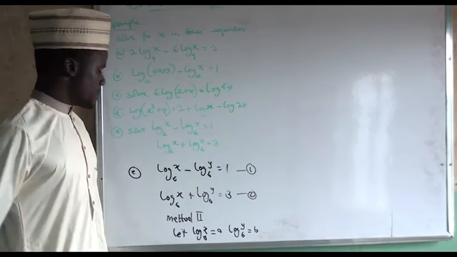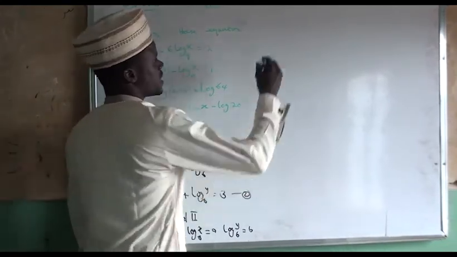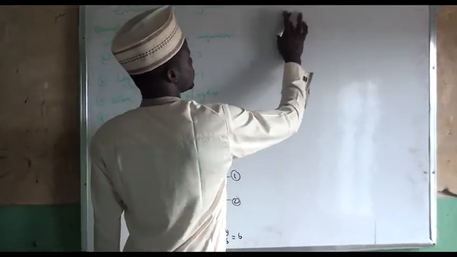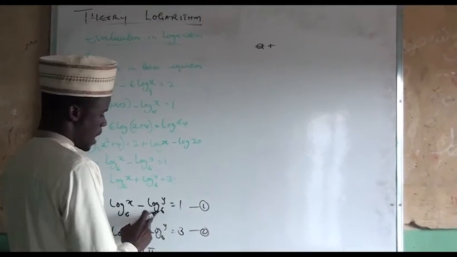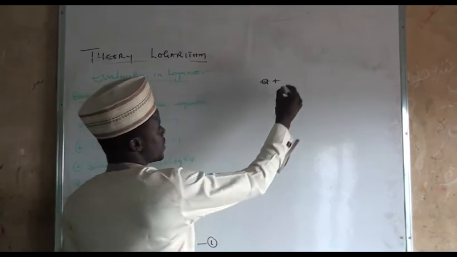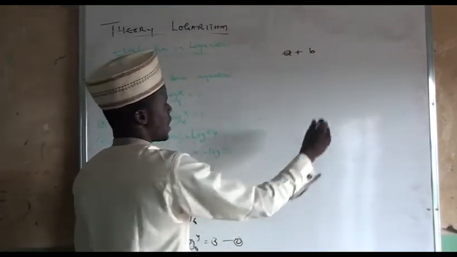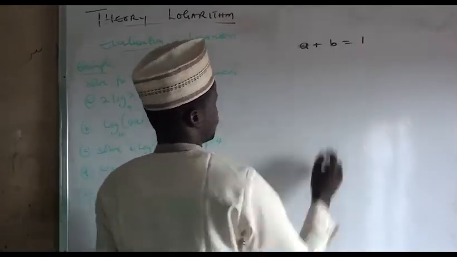So we now put it in place. That is log x base 6, we have a, plus log y base 6, which is b, so a plus b equals 1.